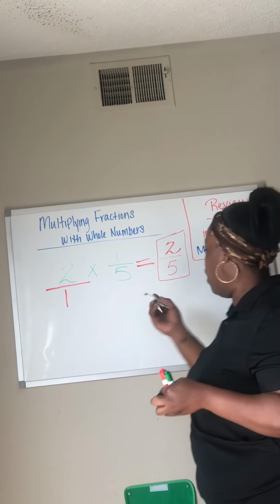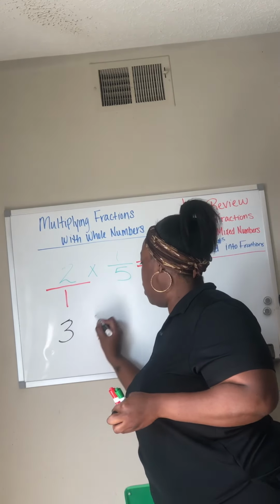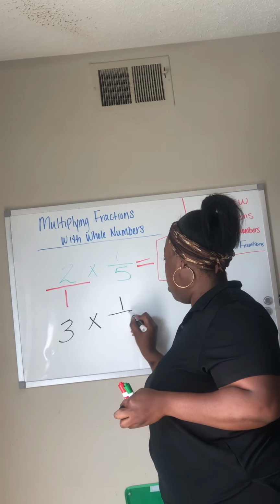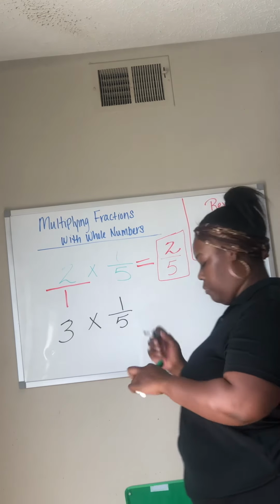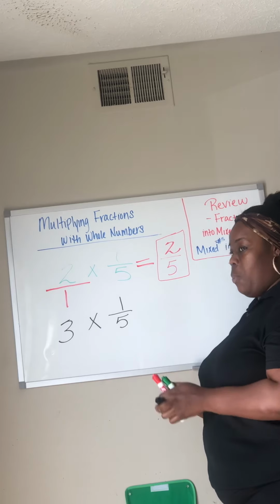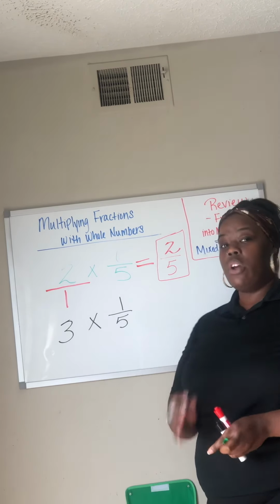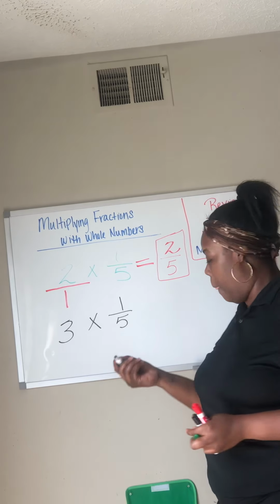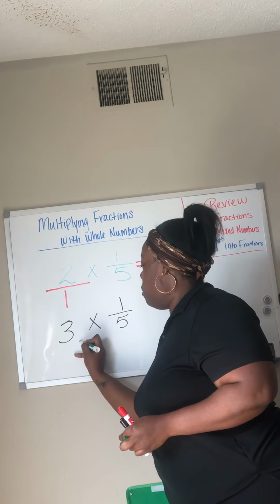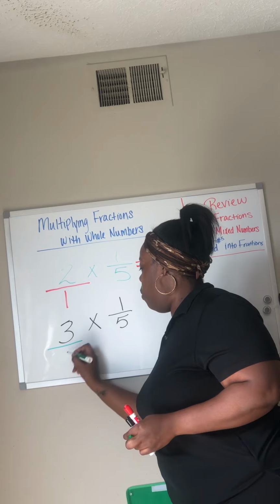Next example I'm going to write for you: 3 times 1 over 5. Again, we're going to take a look at the whole number first. We are going to turn that whole number into a fraction, which is always going to be over 1.